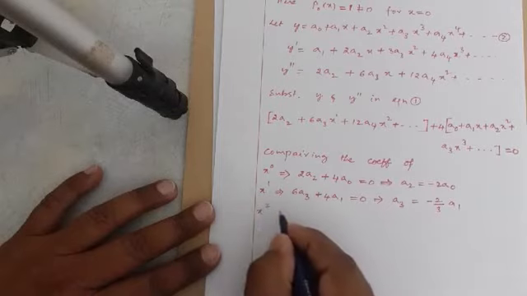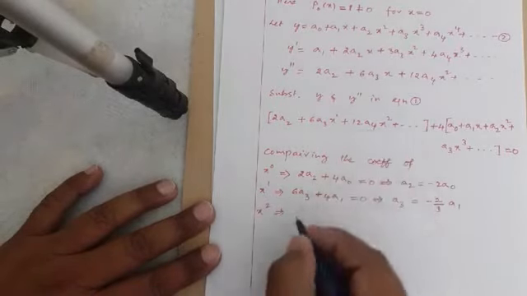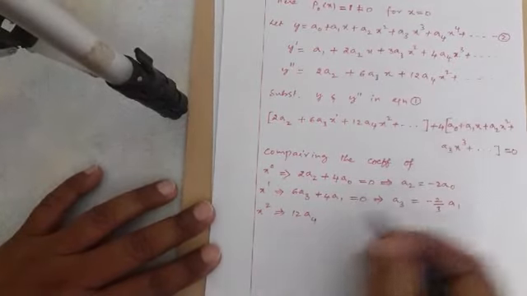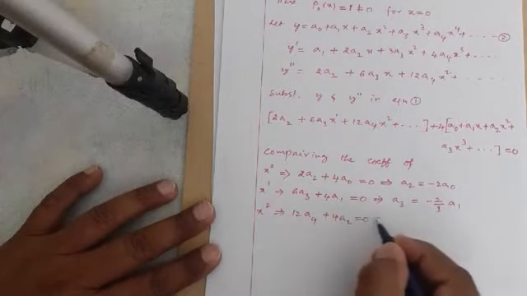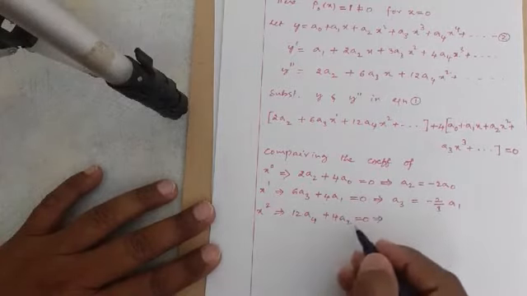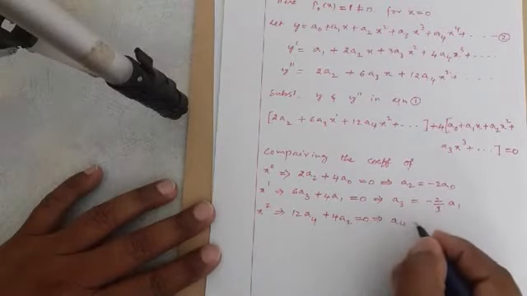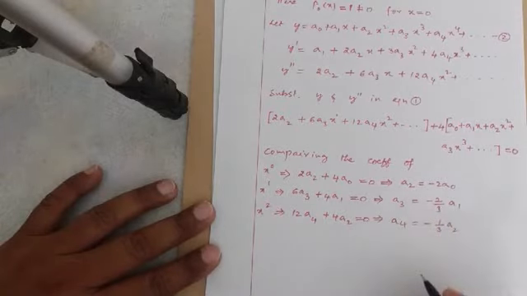Now we take the x² coefficient. Here the x² coefficient is 12a4, plus 4a2 is equal to 0, which implies, if you take 4 to the other side and cancel, you get a4 = -1/3 a2.